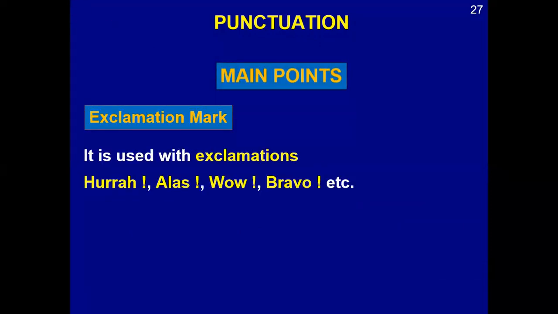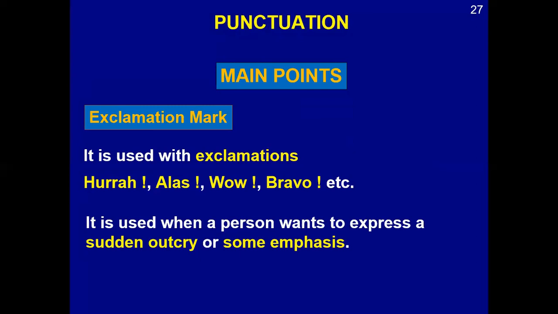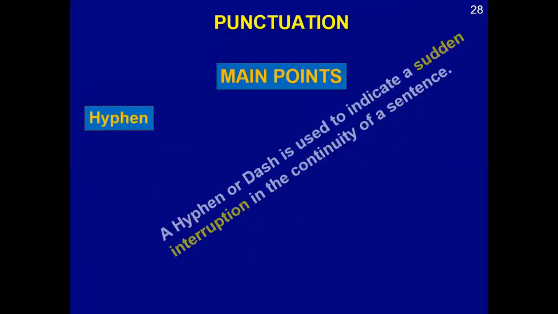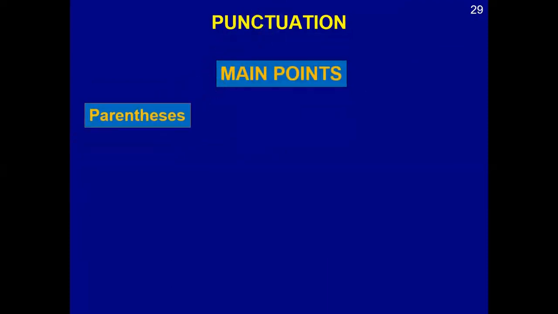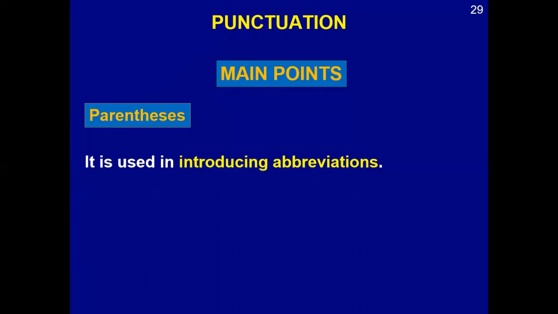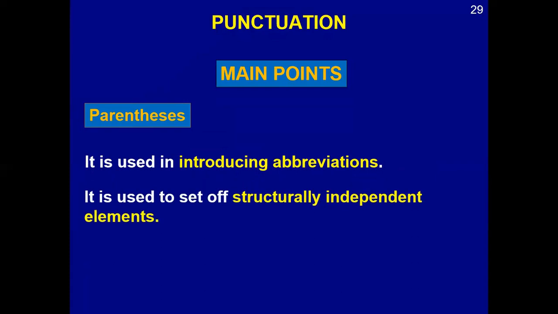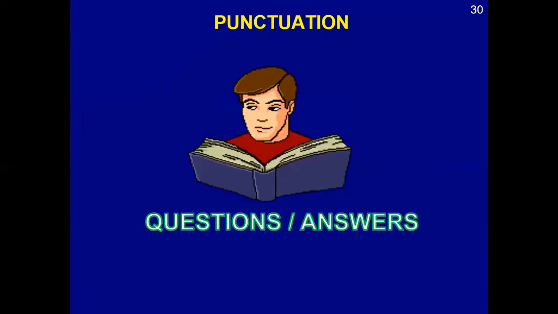Exclamation mark, when we are going to use something with exclamation like hurrah, alas, bravo, wow, oops, etc. It is also used when a person wants to express a sudden outcry or some emphasis. Hyphen. A hyphen or dash is used to indicate a sudden interruption in the continuity of a sentence. Parenthesis. It is used in introducing abbreviations. It is used to set off a structurally independent element.